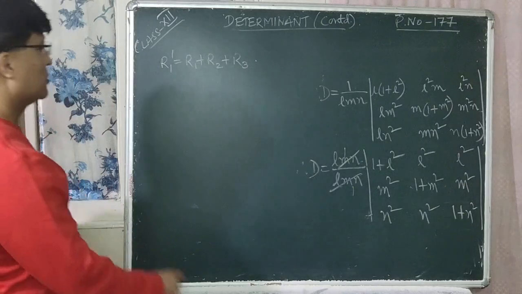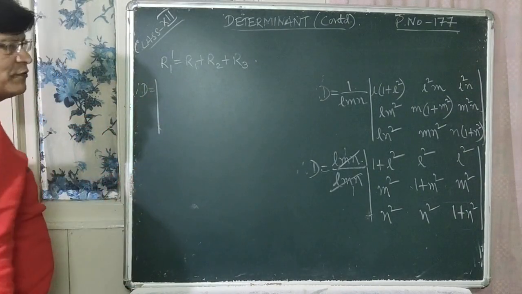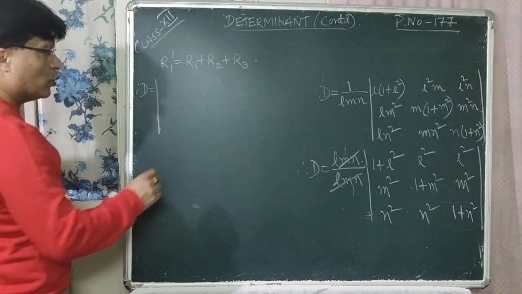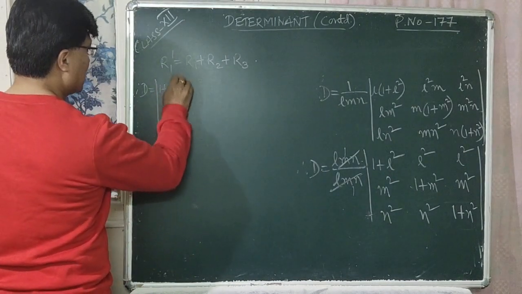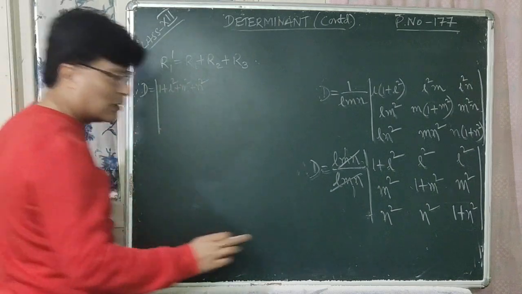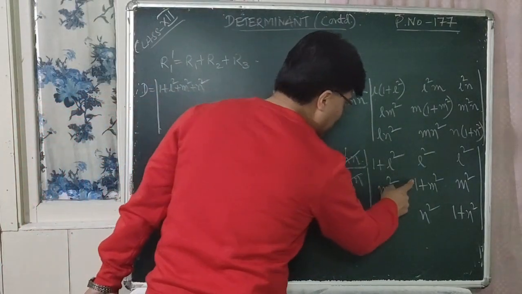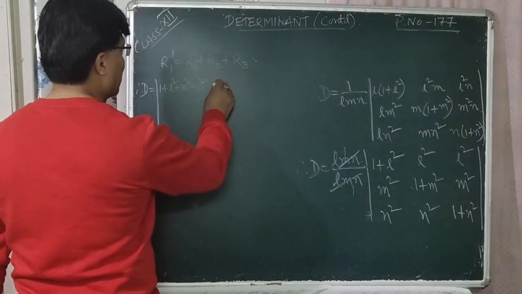Okay? So therefore D is equal to, what is the first element of the new first row? It is 1 plus L square plus M square plus N square. Similarly, what will be the second element of the new first row? Again, it is 1 plus L square plus M square plus N square.